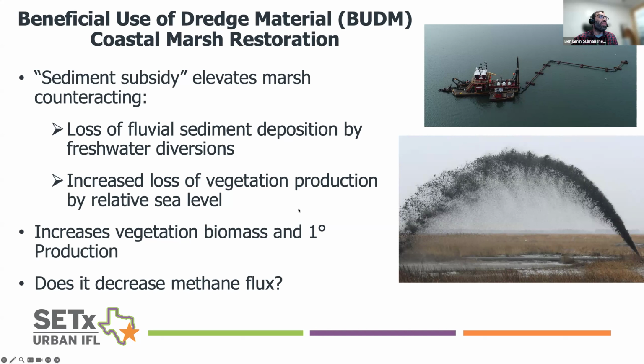The idea is to restore some of the sediment deposition that's been lost, increase the elevation so the vegetation can escape sea level rise and flooding, and this can increase vegetation biomass and production. One of the hypotheses of the observational work on this project is to test whether it's also having an effect on methane flux from these ecosystems.